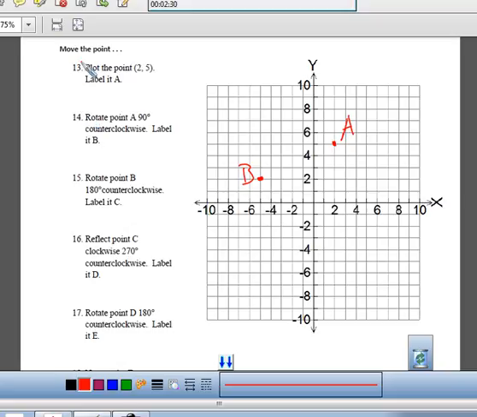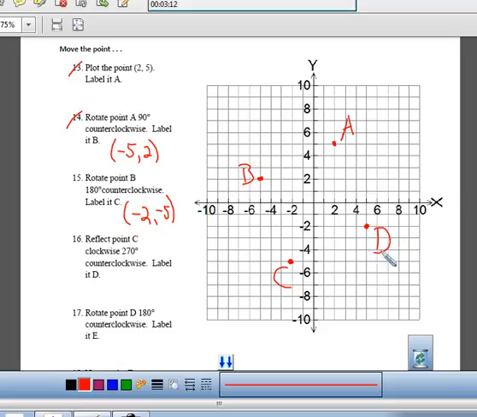Alright, so we did A. Let's write down what we ended up with, negative 5, 2. And it's interesting if you look at the numbers that we started with, 2, 5, and what we have for point B. If we rotate 180 degrees, so think about starting here and turn your paper all the way upside down, you end up down here at negative 2, negative 5. Turn your paper upside down and you'll see what I'm talking about. And that's point C. And then if we go from point A 270 degrees, we end up here.